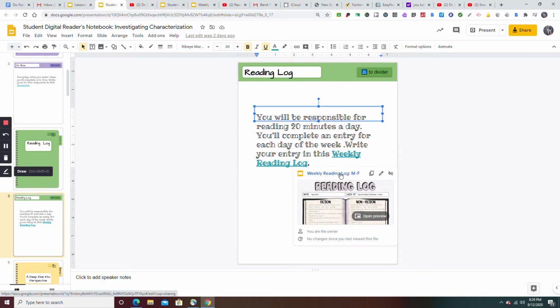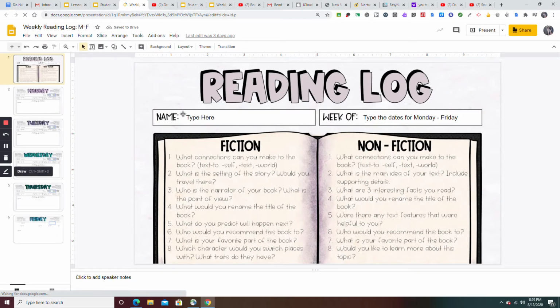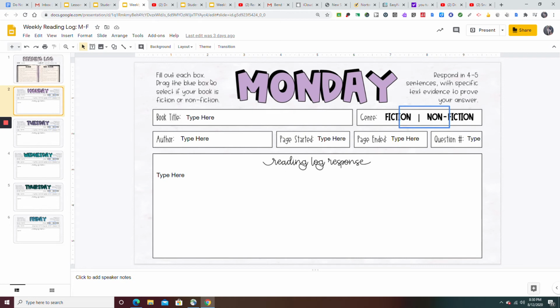It gives me, well, I put my name, the week, Monday through Friday, those dates. There are fiction sentence starters you can answer, nonfiction sentence starters. So if we take a look at a Monday, you're going to fill out each box. You're going to drag this blue box to either fiction or nonfiction, depending on what you are reading.